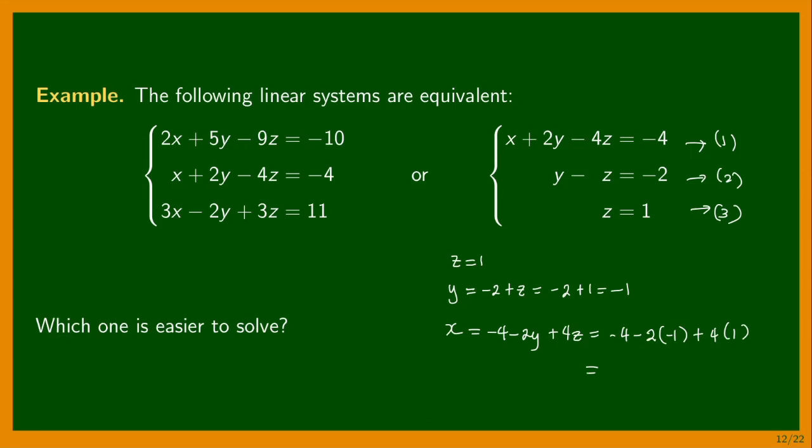So this is negative 4 plus 2, negative 2, plus 4, that's 2. So therefore, the system has a unique solution, and the solution set contains only the vector (2, -1, 1). Take note that we don't have 3 solutions. We only have 1, because a solution is a single vector. Remember that. Okay?